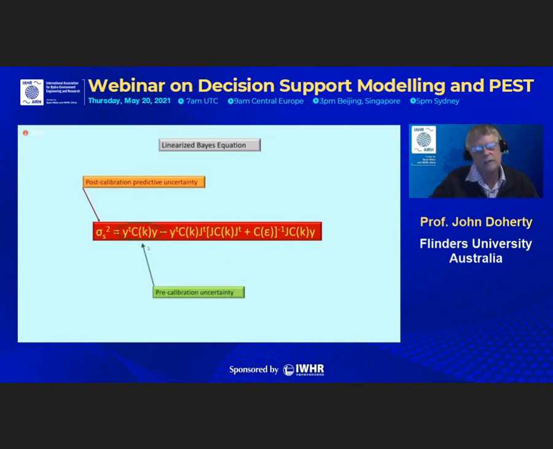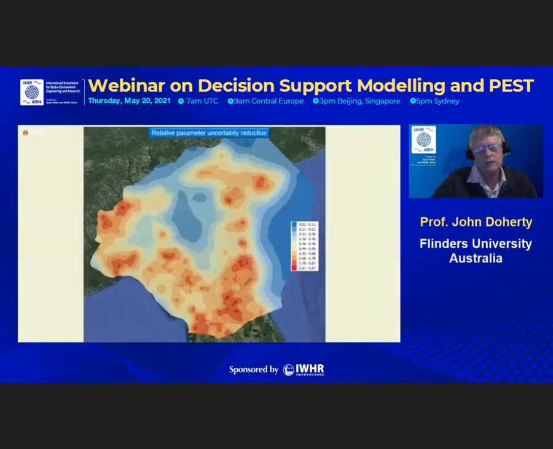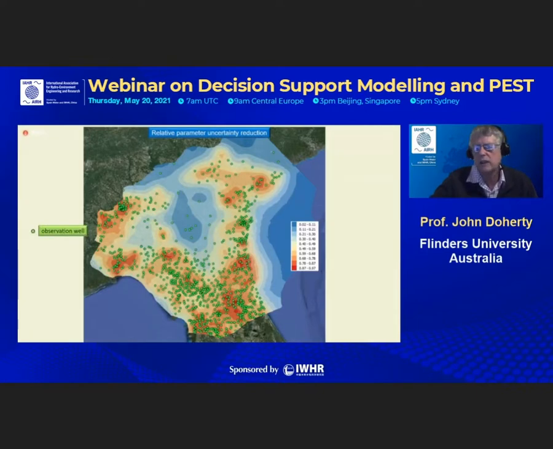There's the prior uncertainty of a prediction. This is how much that uncertainty has been reduced through history matching. That's useful information. We can take that equation and draw maps and apply it to parameters. So here I'm calculating how much the uncertainty of all parameters within this model domain has been reduced through history matching. Again, much higher reductions where there's more data.